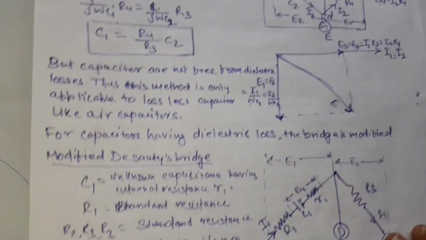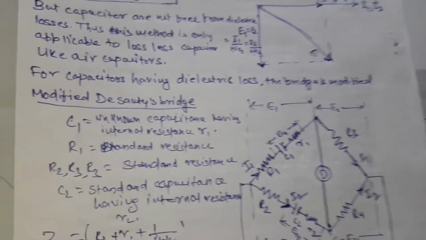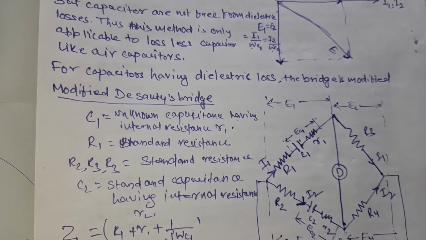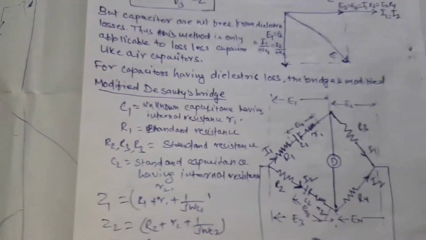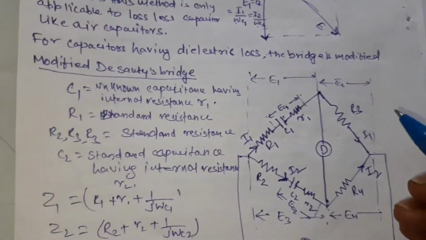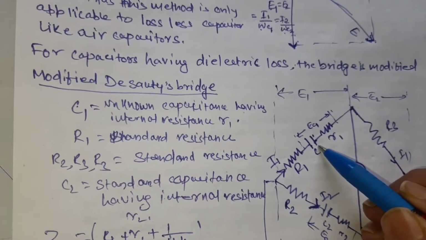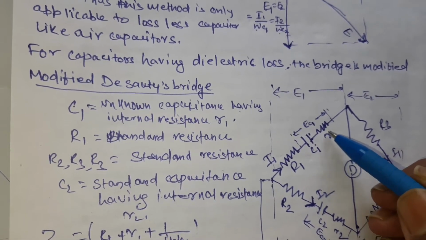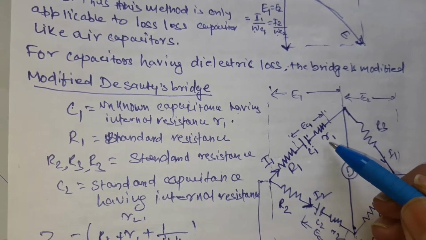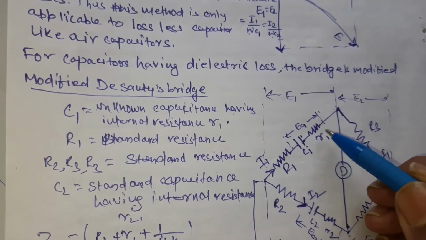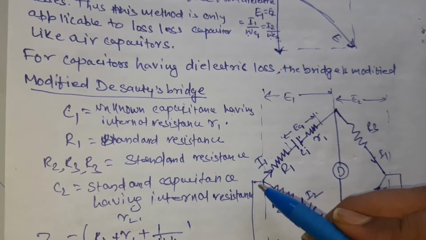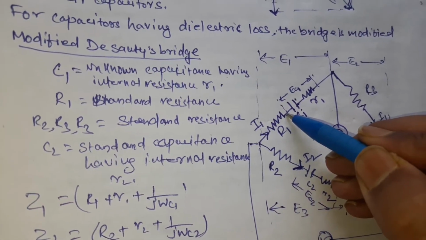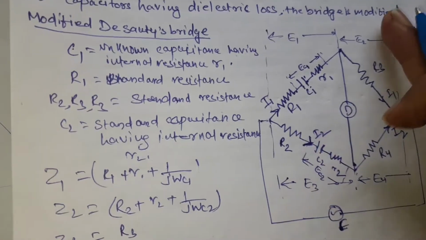Now for a capacitor having dielectric or internal resistance, the de-Sauty bridge is modified. In the modified de-Sauty bridge, suppose this is the capacitor that you have to measure, and its internal resistance R1 represents the losses across the dielectric, and there is one resistance connected in series with the unknown capacitor.